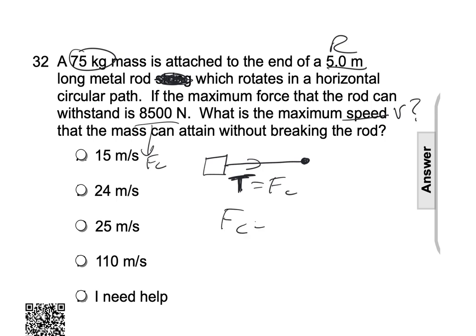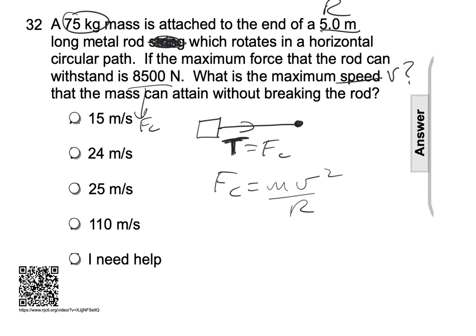So Fc equals mv squared over r. Very straightforward. I'm solving for the speed. So cross multiply: Fc r equals mv squared.